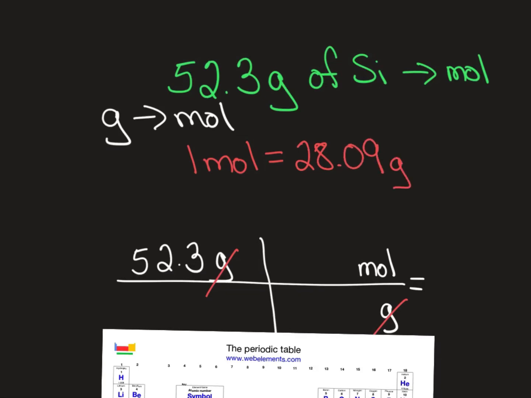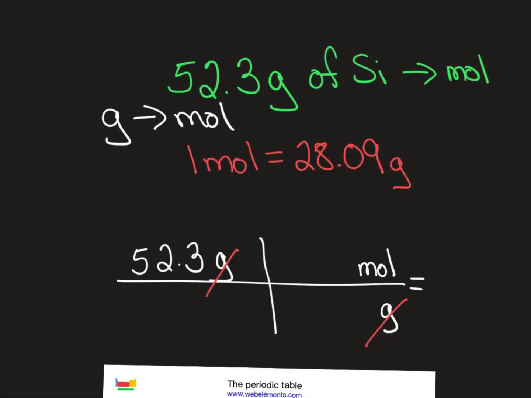All right, so now we know where to put our numbers. So we put the 1 next to the mole and the 28.09 next to the grams. All right, so now we get our calculators and we solve the problem.